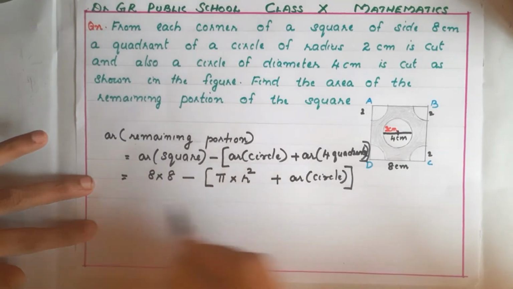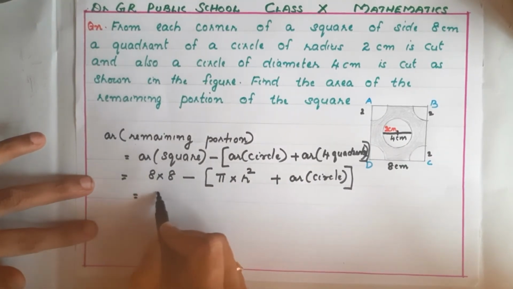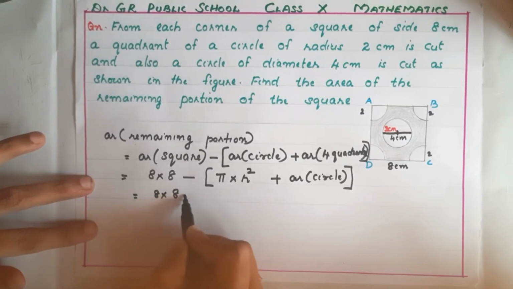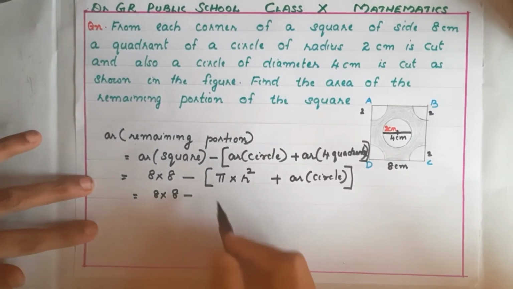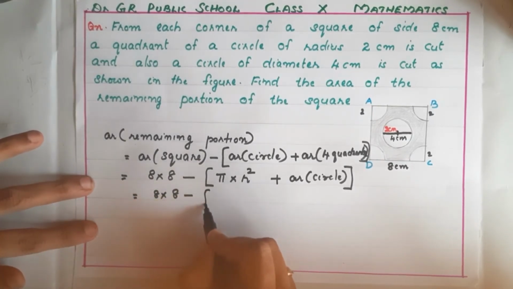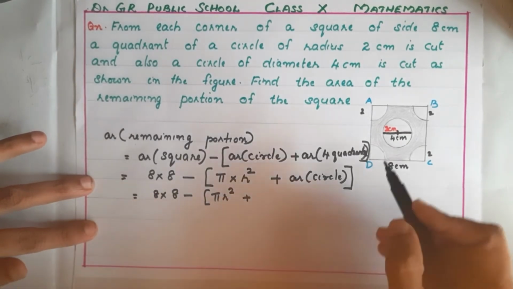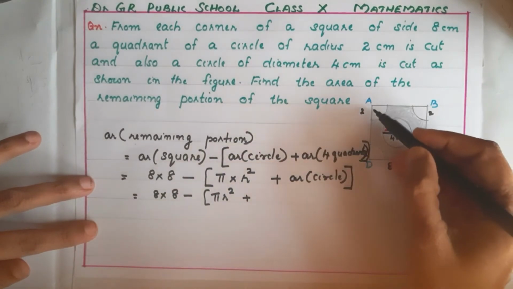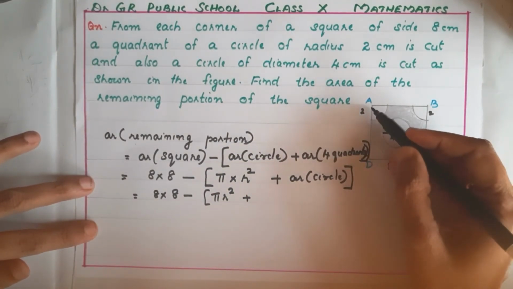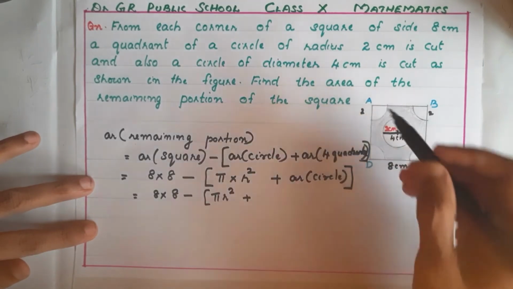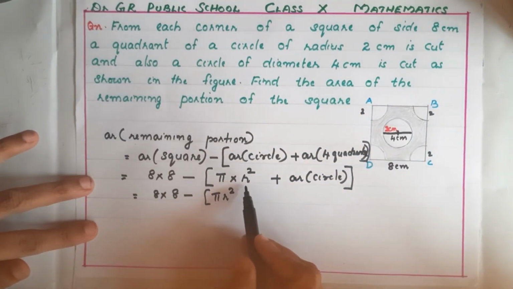Okay. Now it is equal to 8 into 8 minus pi r square plus, here also, what is the radius of this quadrant? Same radius, here also 2, here also 2. So we can use the same r here.